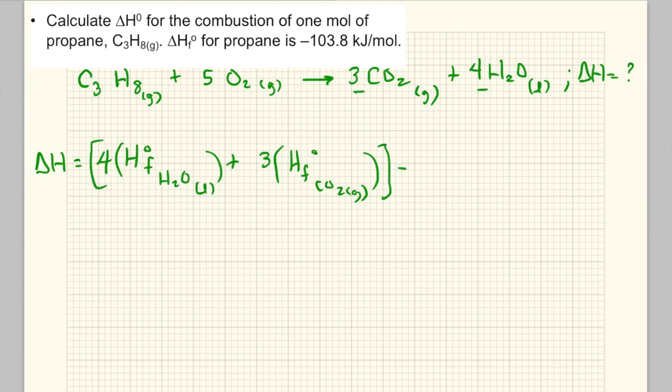My reactants is I've got 1 mole of the heat of formation of C3H8, and it's in the gaseous form, plus I've got 5 moles of the heat of formation of oxygen, and it's in the gas phase.